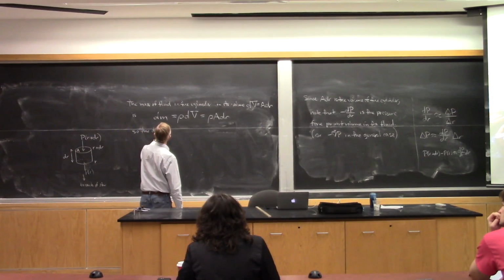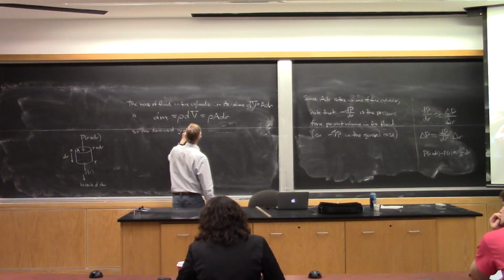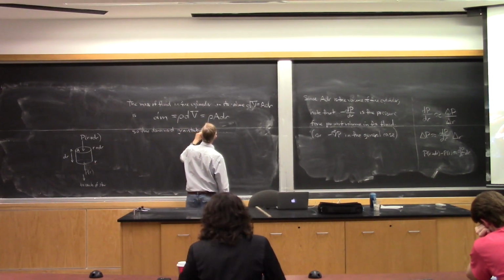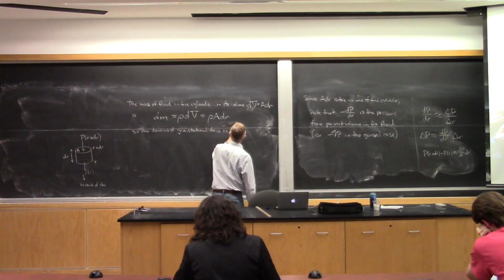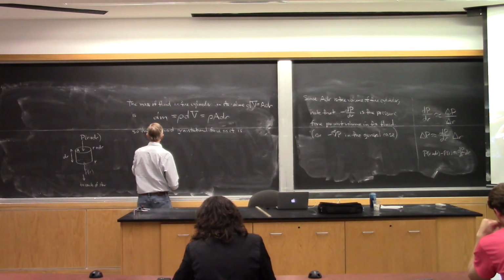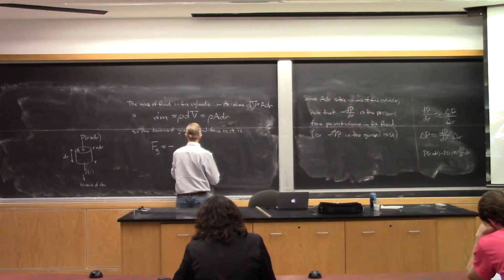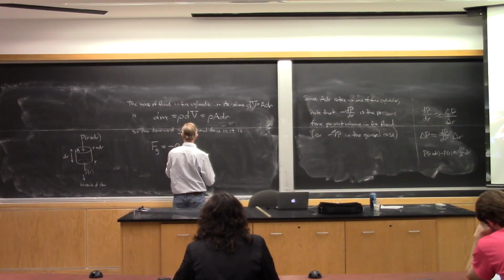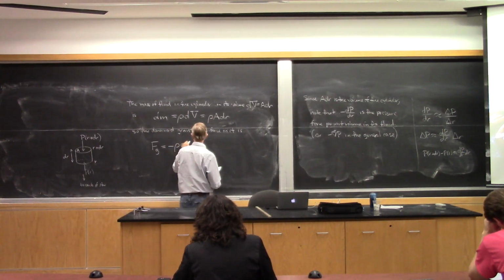So the downward gravitational force on it is F sub g equals minus rho times g, the local acceleration due to gravity, times A dr, right?